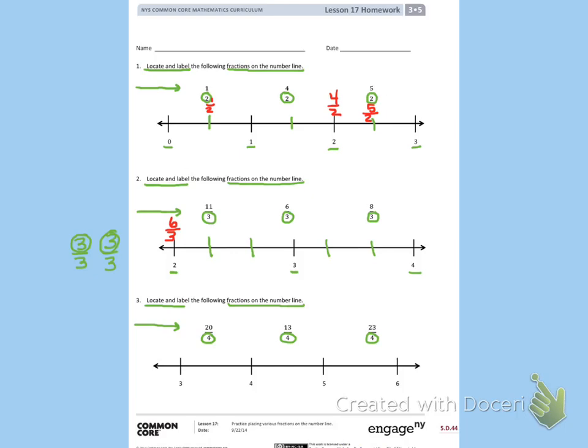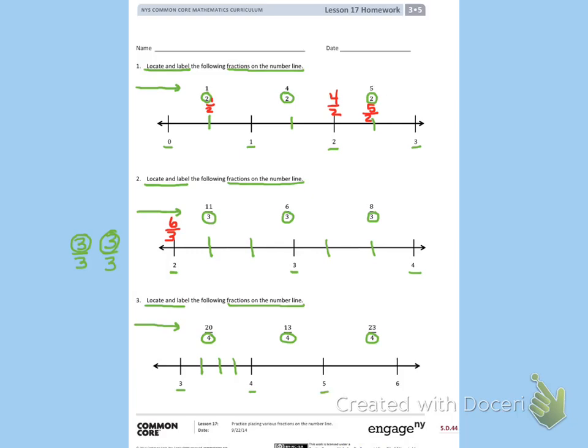be equally divided or partitioned into 4 parts. So between the 3 and the 4, there needs to be 4 parts. I'll check my work. 1, 2, 3, 4.